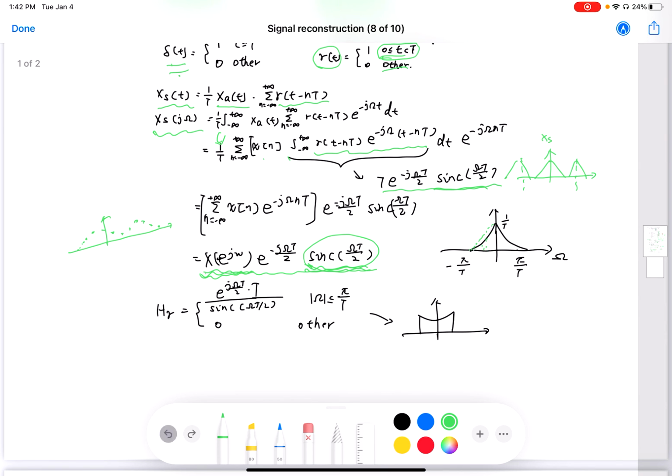We get the maximum gain at frequency 0, and when the frequency increases, the gain is not equal to 0 because of this sinc function. So we can only get this kind of curve.